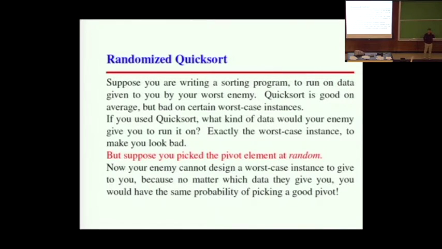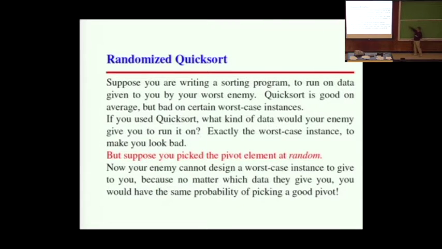Any questions? Yes? What if you use the median of medians to find the pivot? The median of medians. Okay, if I had gone through and analyzed all of these n elements and found the median, that would make a perfect pivot, right?